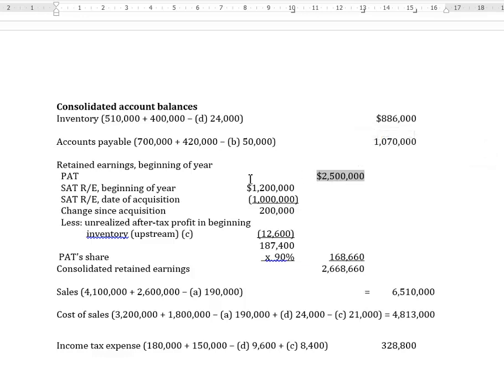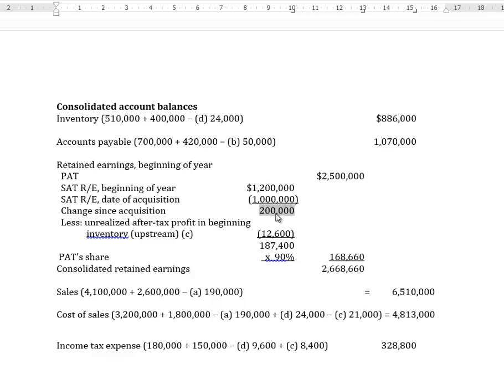So if we're looking at their opening retained earnings, and we know that when we calculate consolidated retained earnings, because this is at the beginning of year 3, we know from the question that there were retained earnings that the sub had earned before the parent and the sub became related, which the parent can't lay claim to. So post-acquisition, or since acquisition, we have $200,000 in post-acquisition retained earnings.